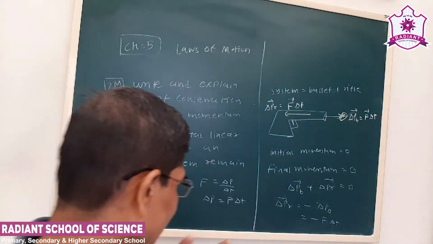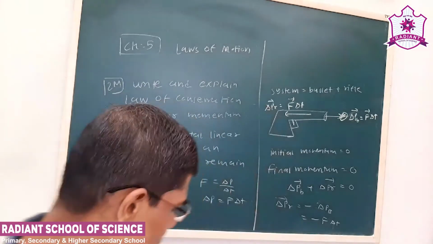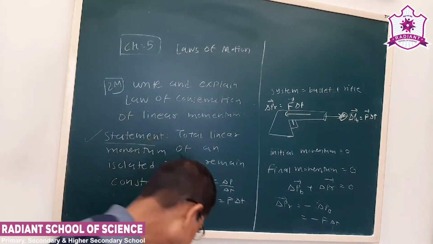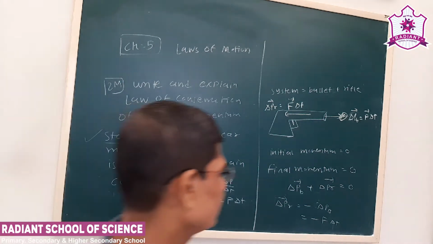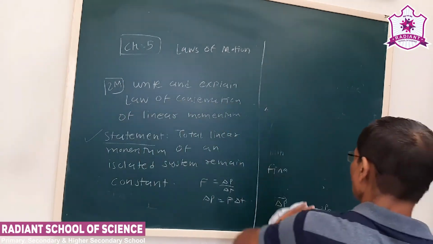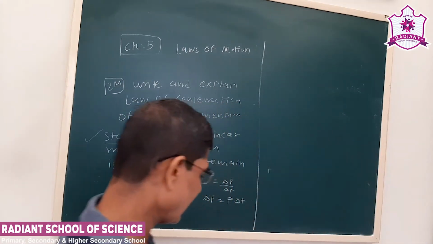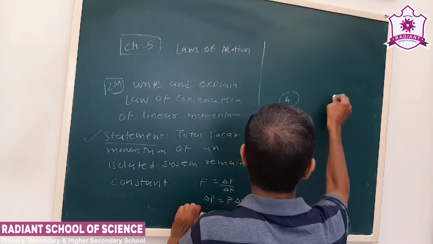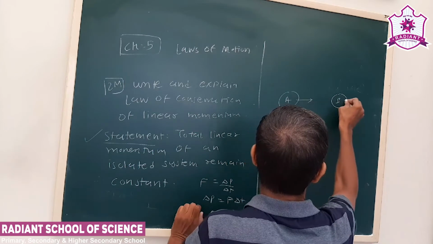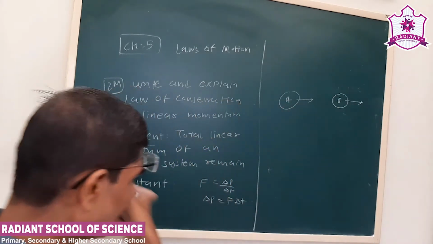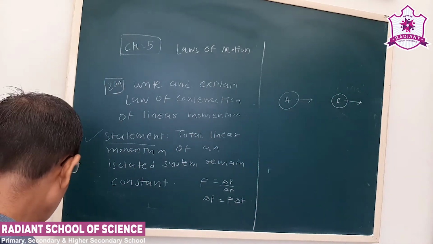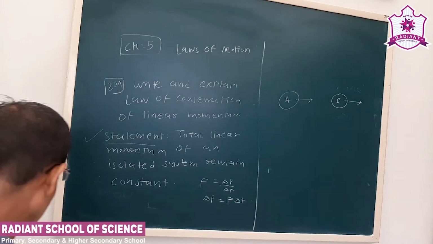But suppose we have to prove the law of conservation of linear momentum in terms of two interacting bodies, let us say A and B, where VA is greater than VB.